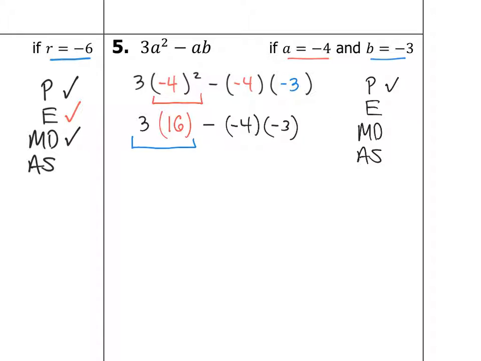Here, 3 times 16 is 48. And here, negative 4 times negative 3 is positive 12. Be careful with your signs, though, because even though this is positive 12, there's still a minus sign in between. And so if I bring this down, this becomes 48 subtract 12. And so that's going to be our last step, to take 48 minus 12, and we get 36.